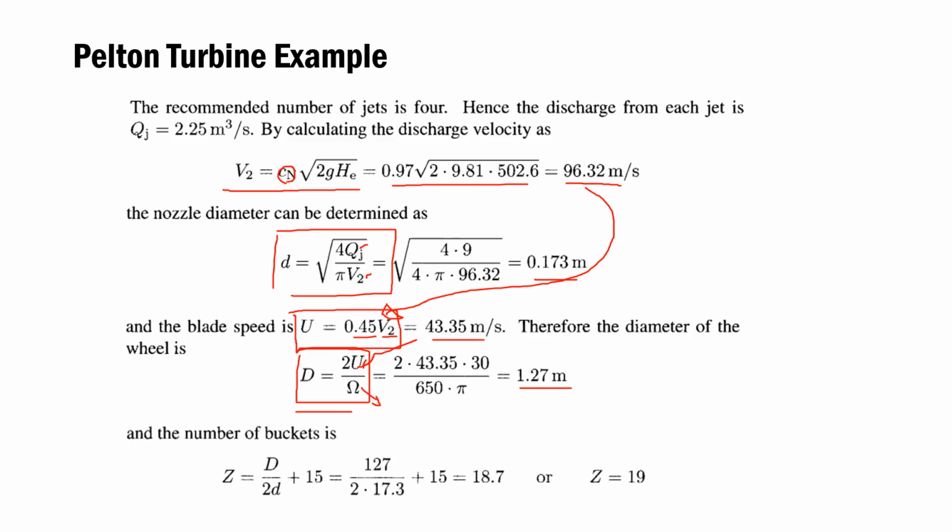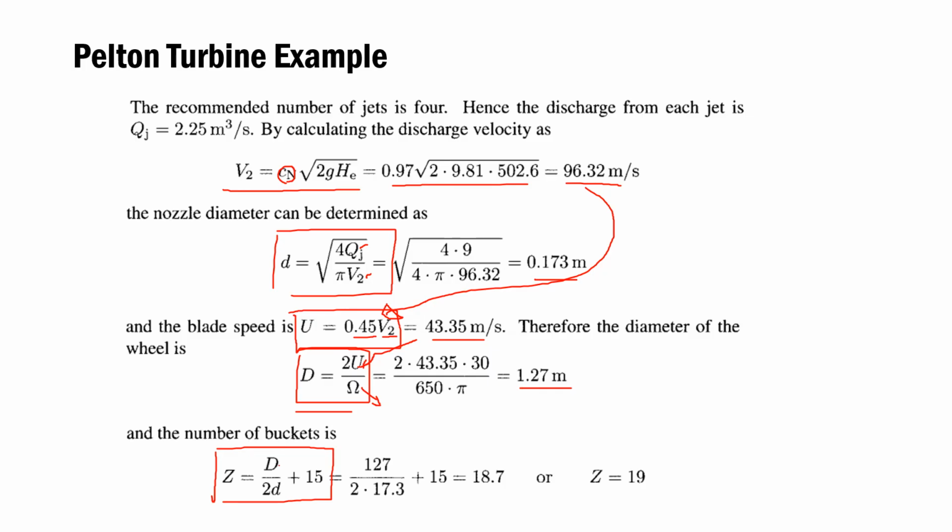And finally, we want to calculate the number of buckets. The number of buckets can be calculated using this formulation: Z, capital Z, equals the diameter of the wheel over 2 times the diameter of the jet.